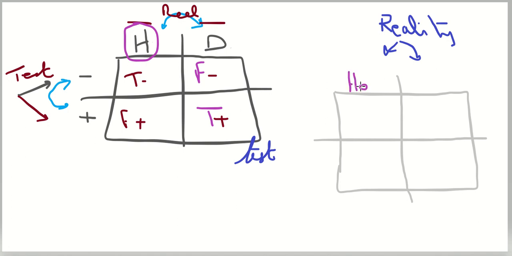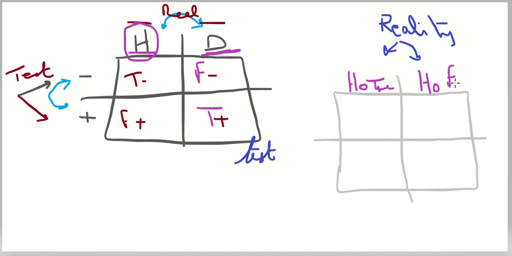There's nothing going on. That's the healthy. Now, if the patient is diseased, meaning that there is something happening, a departure from the state of nature, then this is where the null hypothesis is actually false.